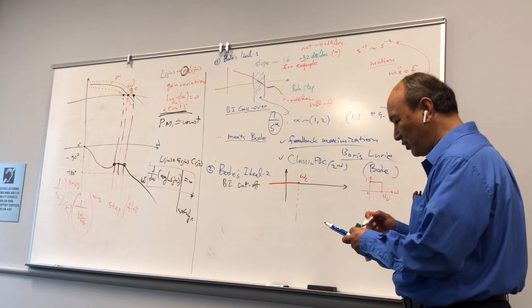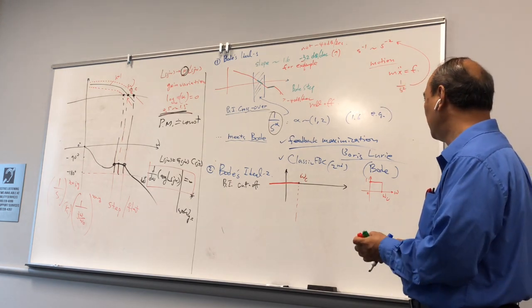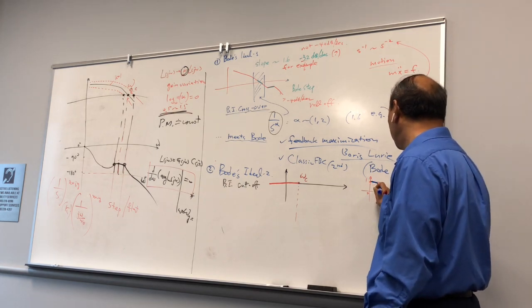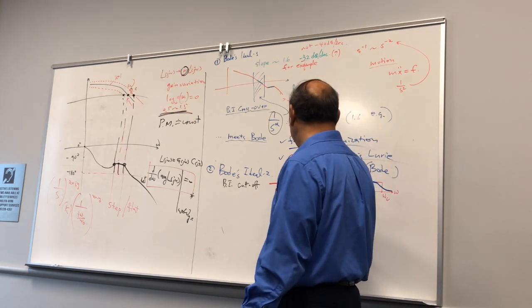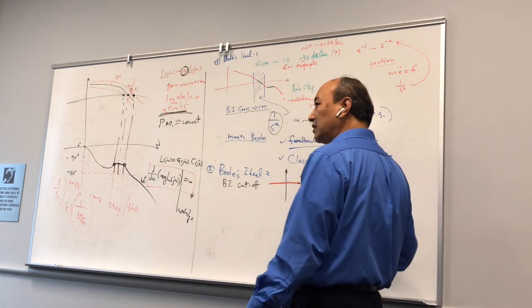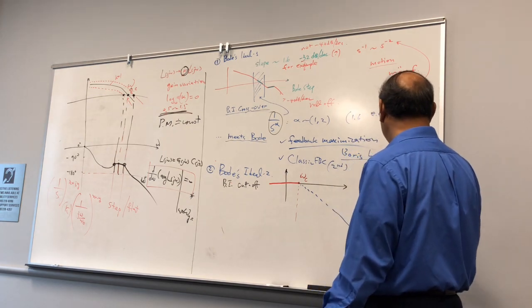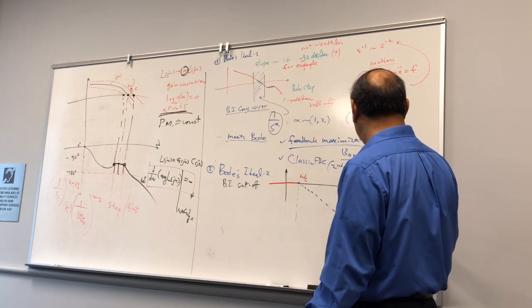But you cannot. You have to respect the limits, so you get something like this. Say for example 1 over tau s plus 1. Then this is 1 over tau.